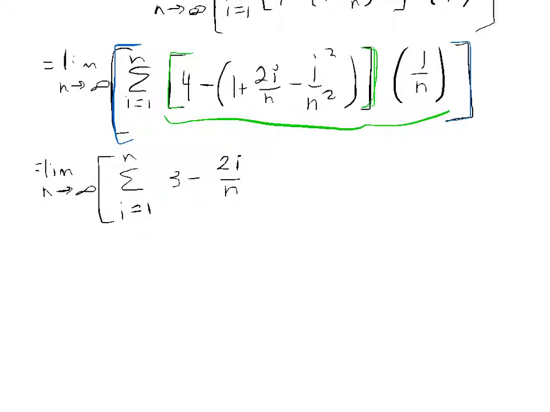I apologize. This is supposed to be a plus. Okay, so minus i squared over n squared. All right, all of that times 1 over n.